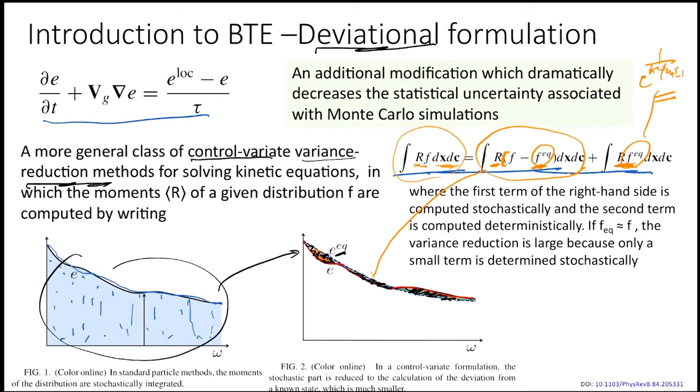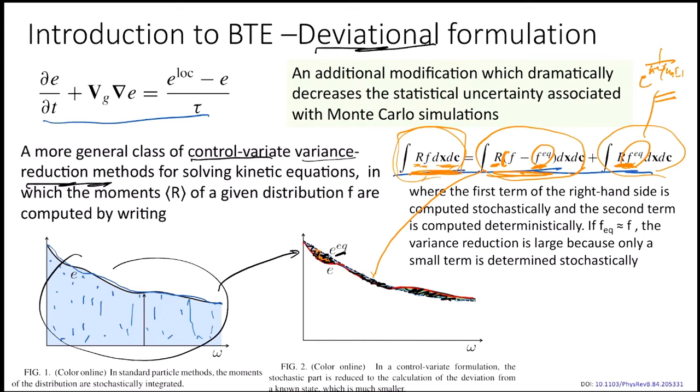We already know this equilibrium distribution, so it is very easy to solve this part deterministically and directly. So basically, we have reduced our big problem by solving for some difference from the equilibrium position, and for the same number of particles, we could reduce our uncertainty quite significantly.